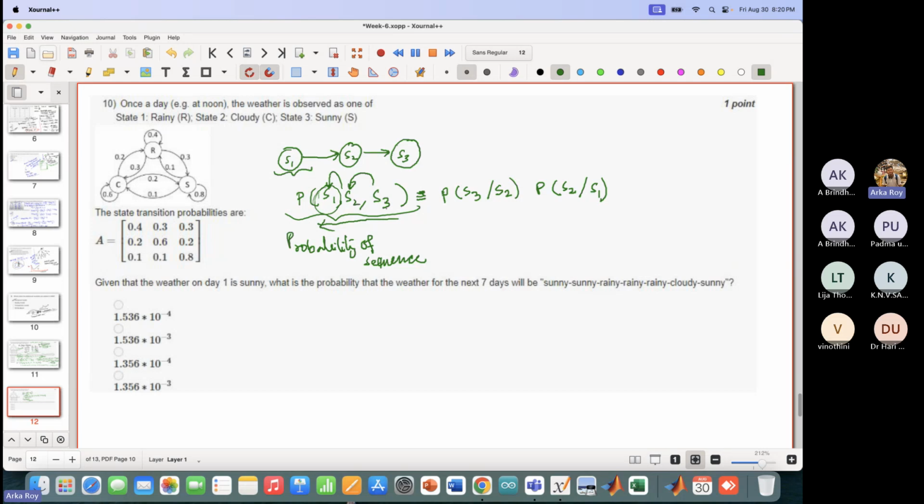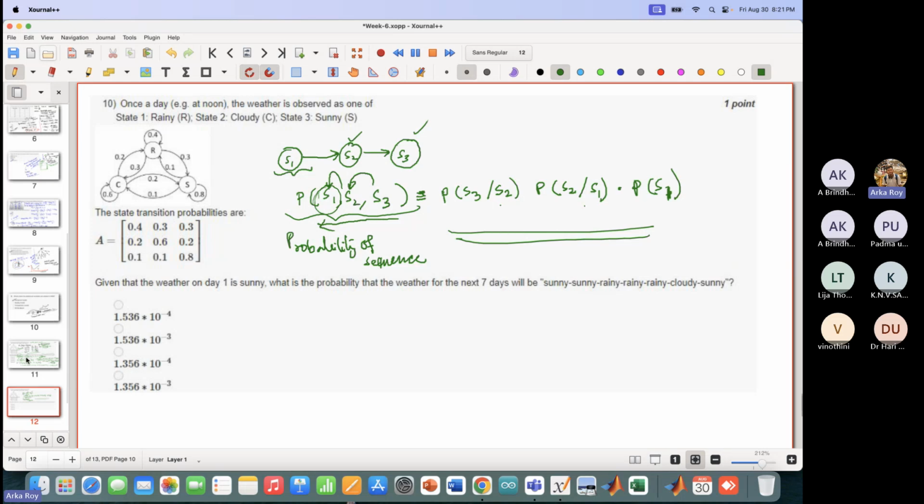Therefore, we write the conditional probabilities as S3 dependent on S2, S2 dependent on S1, and we have now reached the farthest point. Now we consider that as S1 has taken place, only then S2 and S3 were generated. So we consider the probability of occurrence of S1. This is the formula. This is how we write the probability of a sequence.